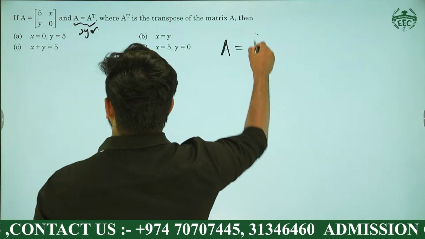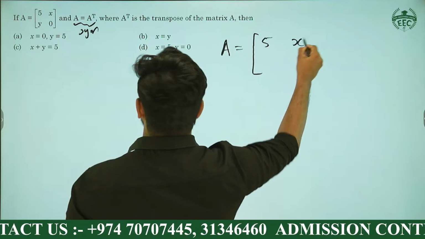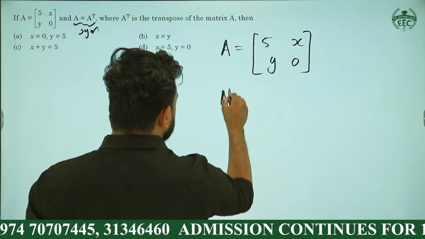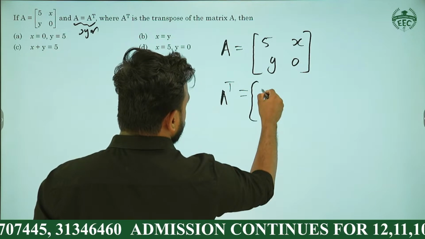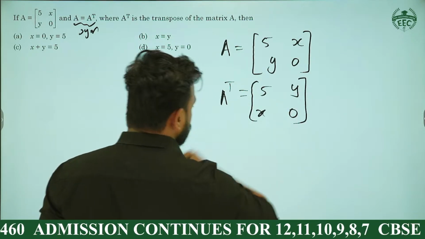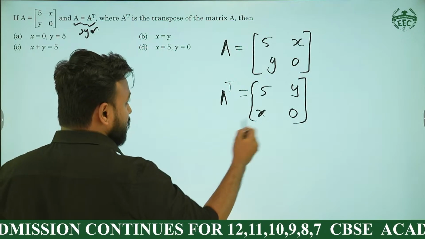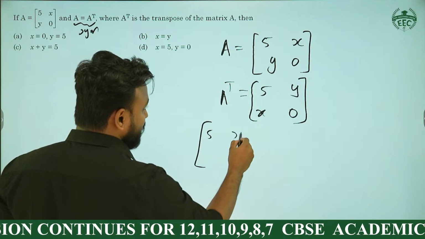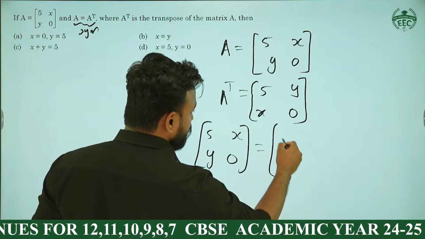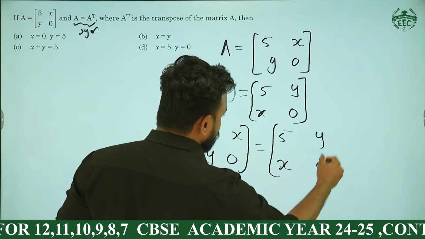Here A is equal to [5, x; y, 0]. Then A transpose is equal to [5, y; x, 0]. Then these are equal.